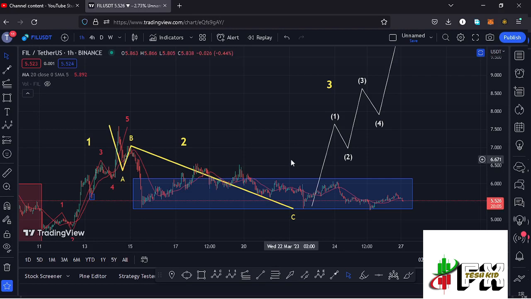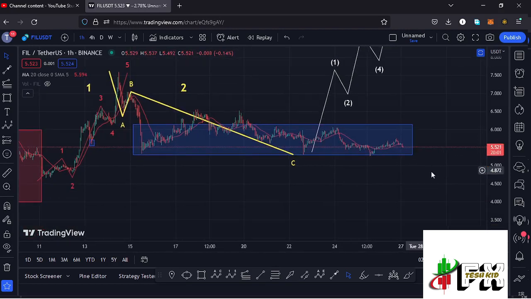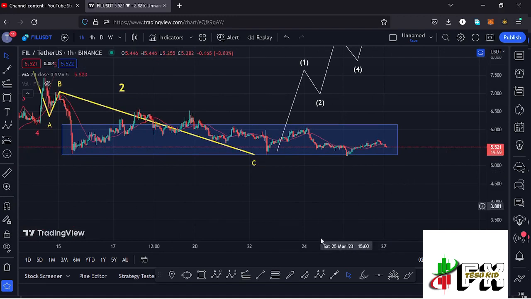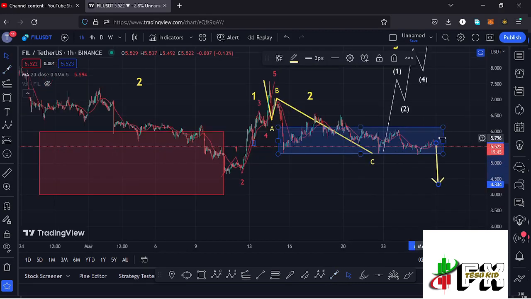I also need to prepare you for the worst case scenario in case we lose this blue target area to the lower side. So in case we continue seeing further breakdown, lose this blue target area to the lower side and continue retracing even further, then there are chances that we might see one more leg down to the lower side in the formation of these larger Elliott wave count 2.